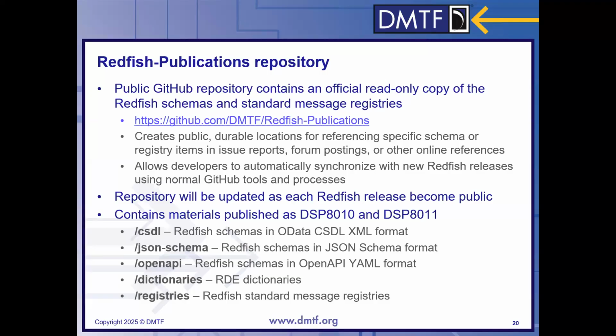So the CSDL subdirectory contains all of the schemas in the OData CSDL XML format. /JSON schema contains all of the schemas in JSON schema format. /OpenAPI contains all of the schemas in the OpenAPI YAML format. /dictionaries contains all of the dictionaries for use with Redfish device enablement, which is DSP 218, defined through the PMCI working group. And then registries contains all of our standard message registries.